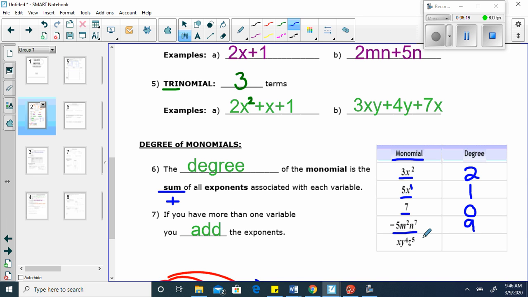What is the degree of x, y to the 4th, z to the 5th? 10. Good. Why 10, Jonathan? Why not 9? Because the x has an exponent. There's 5 and 4 here, but this x also has a 1. So it's 4 plus 5 plus 1, which is 10. Great. Any questions?